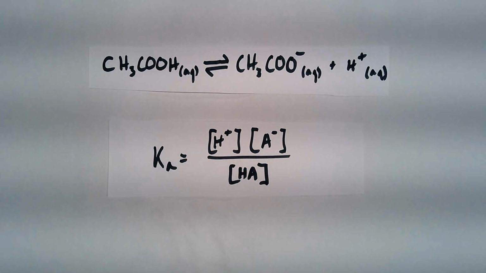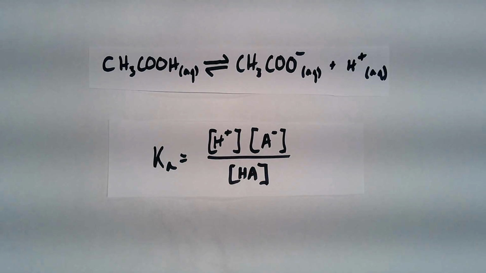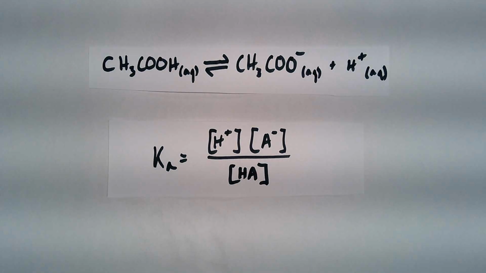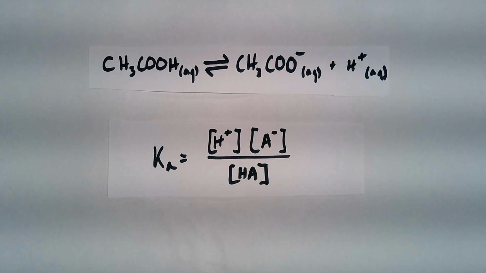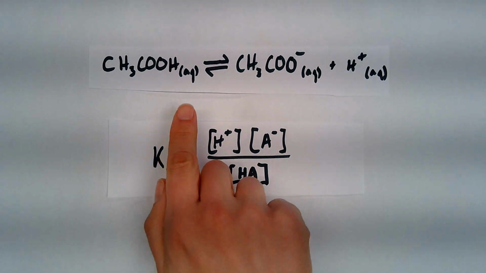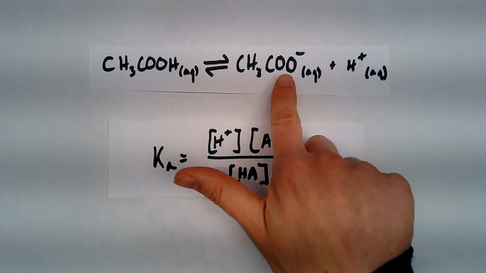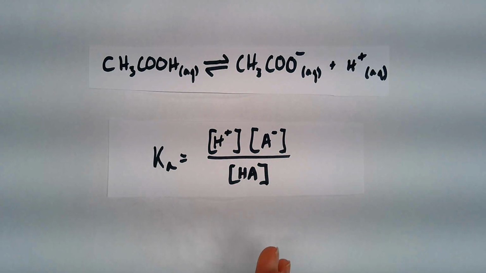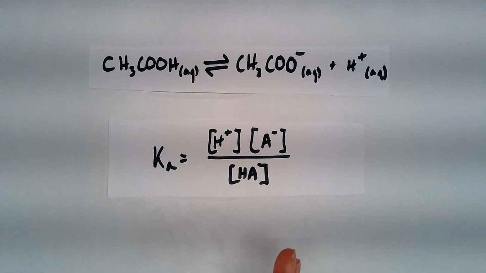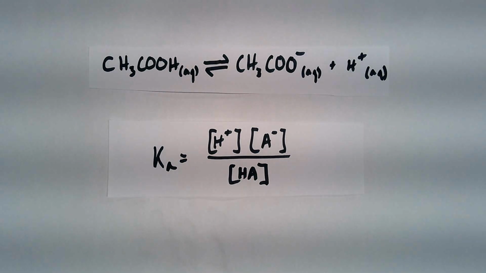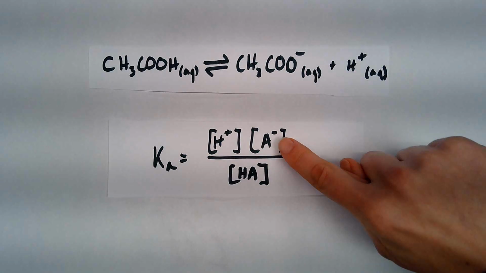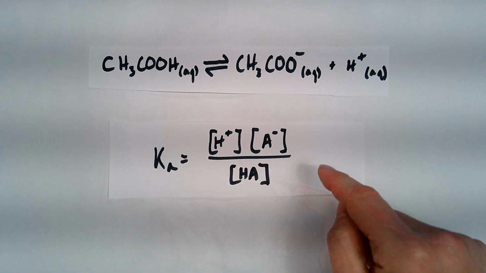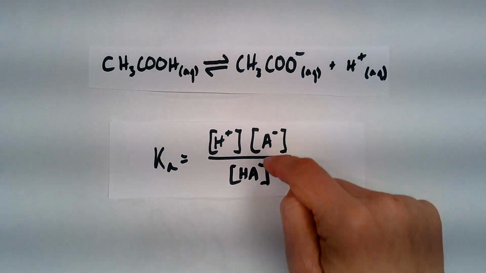Using the Ka value, we can work out what pH a buffer would be suitable for, because the best buffer is going to be when the acid and the salt are in equal quantities. That will buffer the solution each way by the same amount. And so therefore we want the ratio of A- and HA, that's these two, to be 1 to 1.